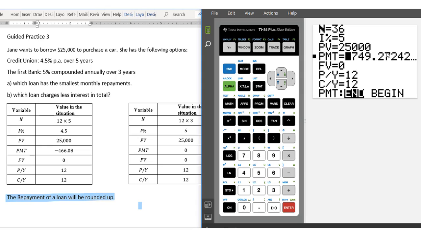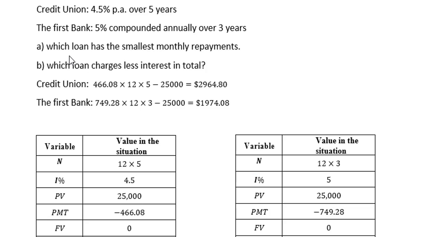Remember, you always round up. Otherwise, you cannot pay off the loan on time. So for answer A, which loan has the smallest monthly repayments? It will be the credit union here.